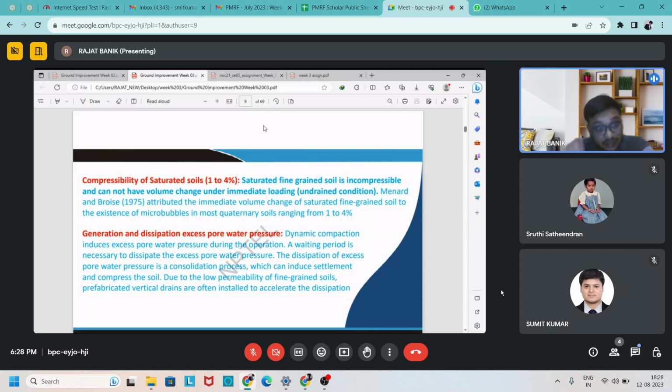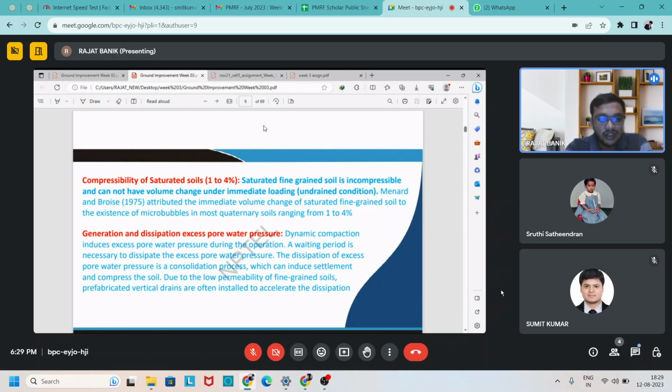But some researchers, Menard and Broise, gave immediate volume change results for saturated fine soil in the range of 1 to 4%. That means when the tamper load is applied, the volume immediately changes in the range of 1 to 4%.